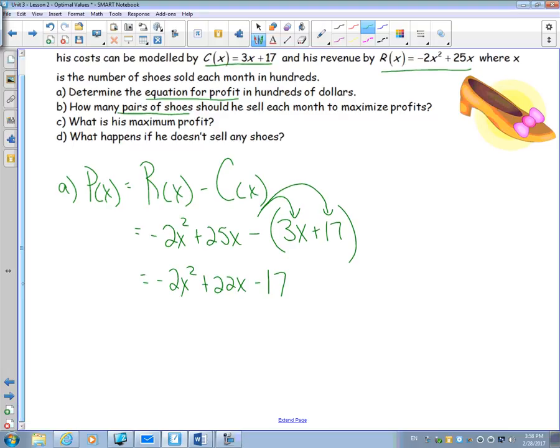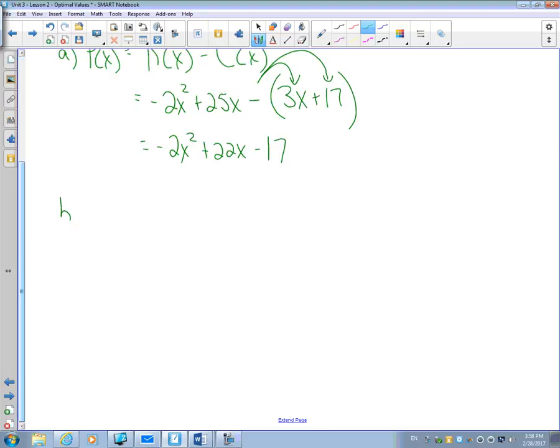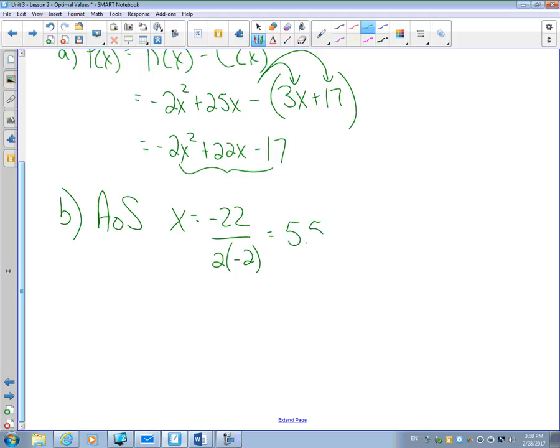How many pairs of shoes should he sell each month to maximize profits? I can find maximums by finding my axis of symmetry. That's in standard form, so the best way is using the negative b over 2a idea. Okay, so we get negative 22 over negative 4. He should sell 5.5.